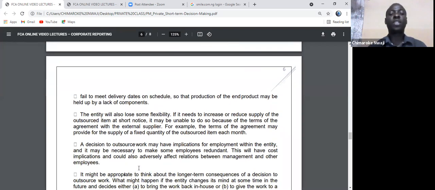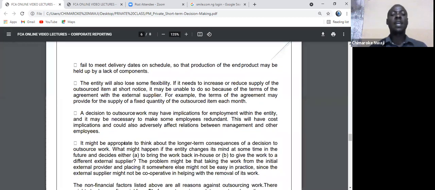Also, a decision to outsource may have implications for employment within the entity. And it will make some staff redundant because some things that you would have allowed the staff to do in-house, you've given it out to others, and so they may not have a job to do. This will have cost implication and could adversely affect relationship between management and their employees.